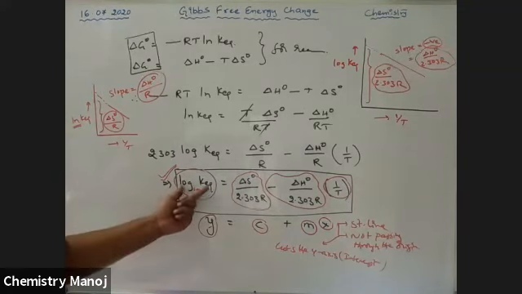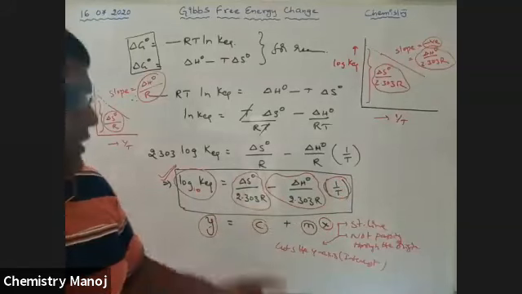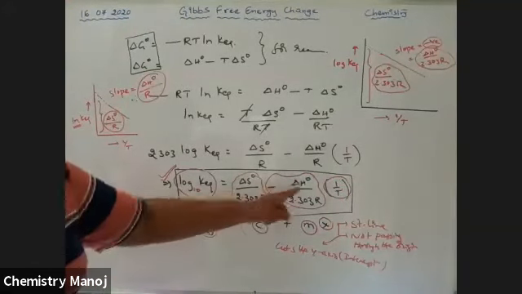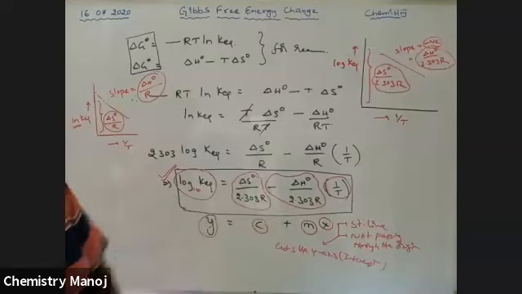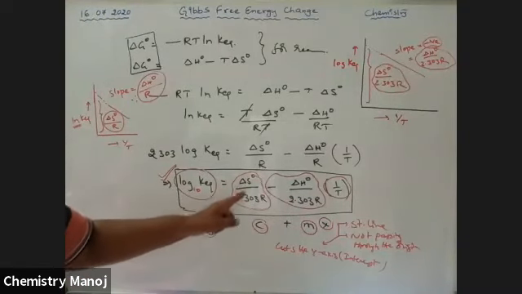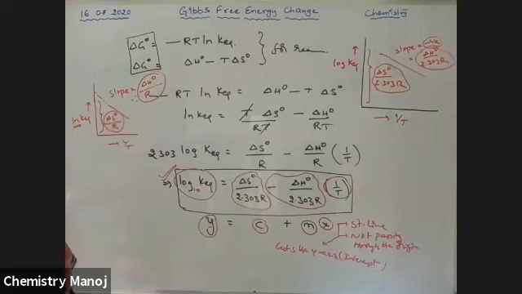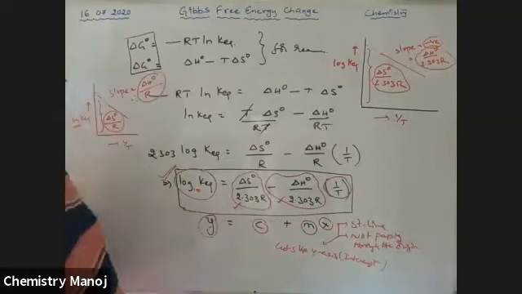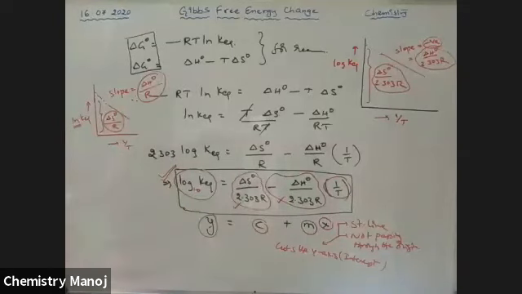If you draw a graph between log K equilibrium on the y-axis and 1 by T on the x-axis, slope is equal to minus delta H naught by 2.303 R, and intercept is equal to delta S naught by 2.303 R. So you should mind these two values. This is the slope value, this is the intercept value. Did you catch my point, my dear boys? It is very, very important.